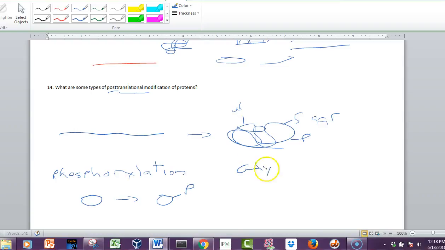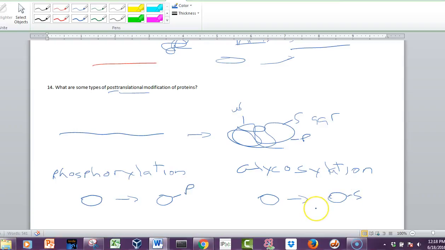Adding a sugar is called glycosylation. The prefix glyco refers to sugar. So glycolysis is the breakdown of sugar, and glycosylation is the addition of a sugar. There are lots of different sugars that get added, and the biochemistry of glycosylation is pretty complicated. If you remember anything about carbohydrate terminology, it gets complicated super fast.